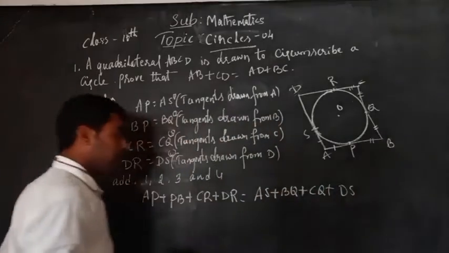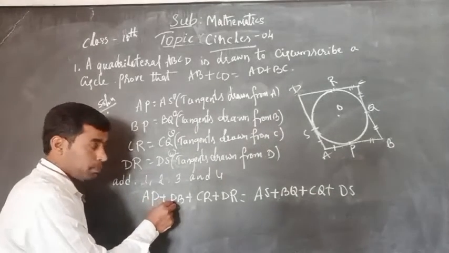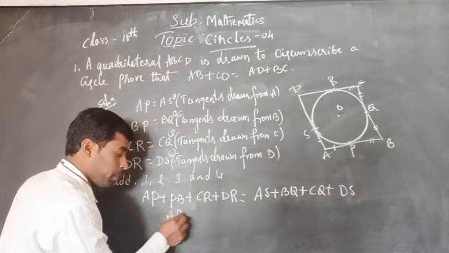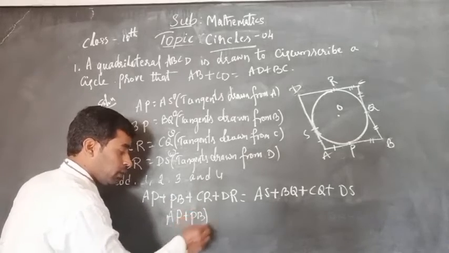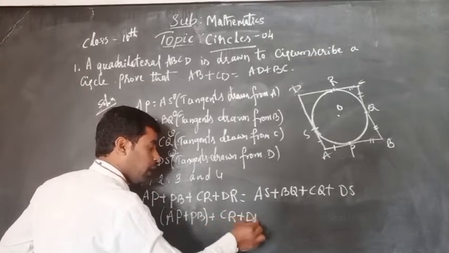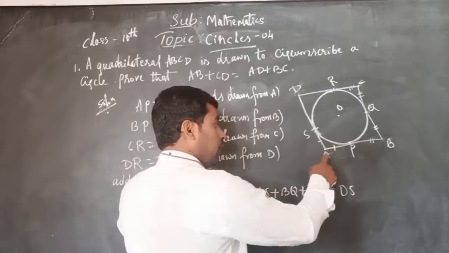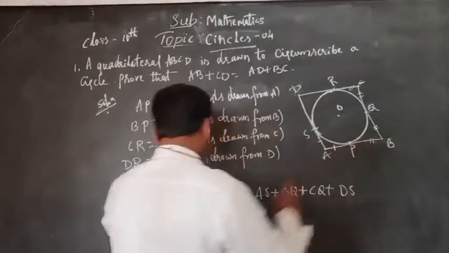Now I take AP plus PB as one term, and rearrange. Again CR plus DR. See, AP plus PB is equal to AB.